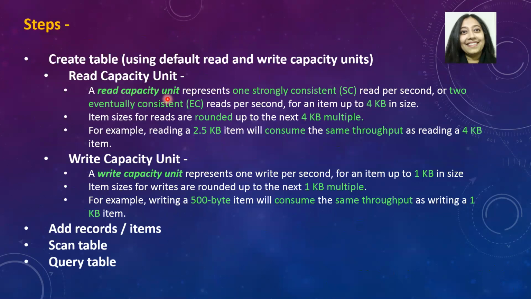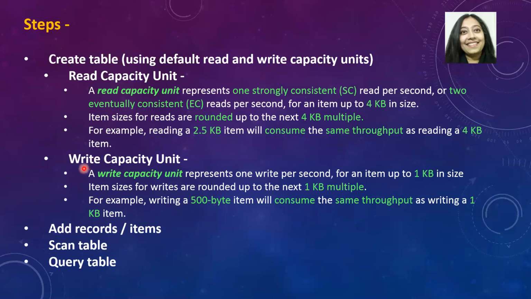That means the first unit is of 4 KB, second unit is of 4 KB. Hence, if I have 2 read capacity units, I would have a total size of 8 KB. You cannot reduce this size. So even though your item size is lesser, it will still consume the entire throughput of 4 KB.